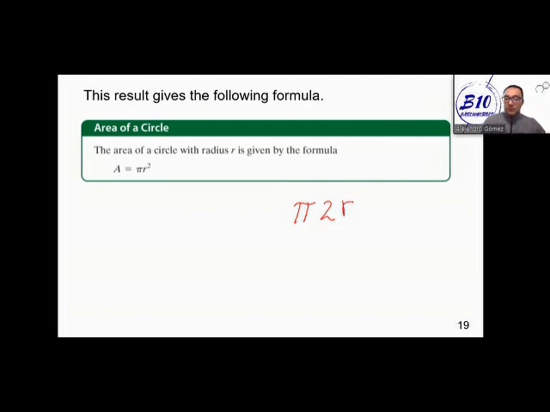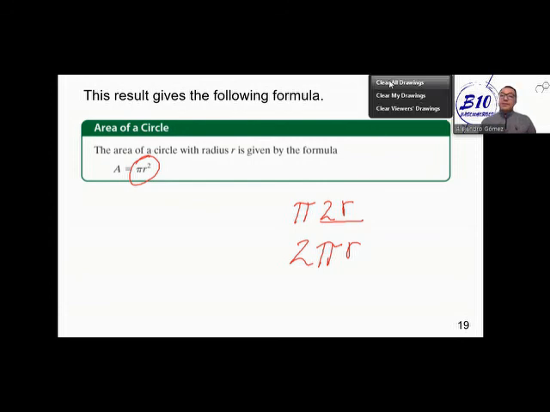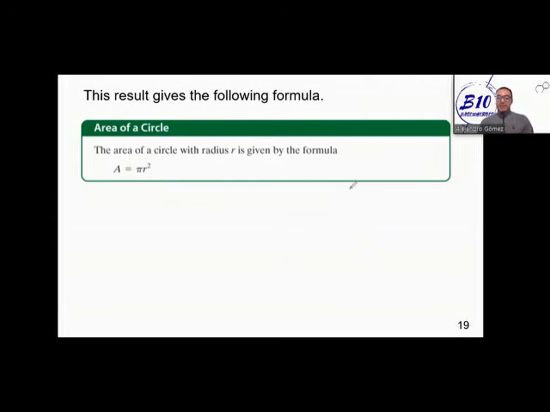Well, we wrote it like 2 times pi times r. This one, the area, is with radius to the power of 2, while the circumference is 2 times the radius. Keep it in mind, it's very important to keep the difference.